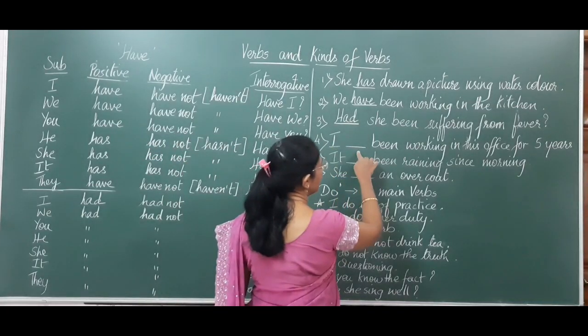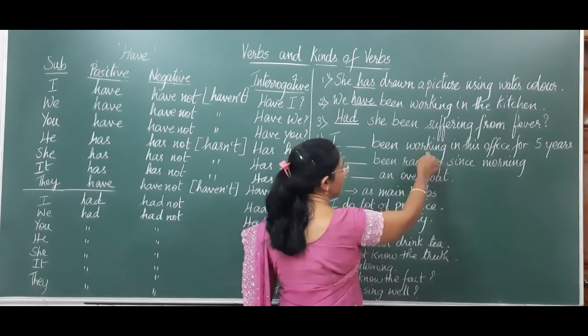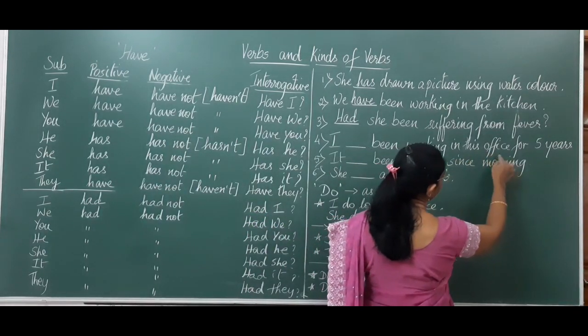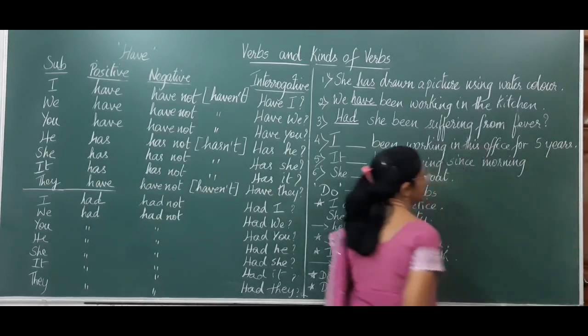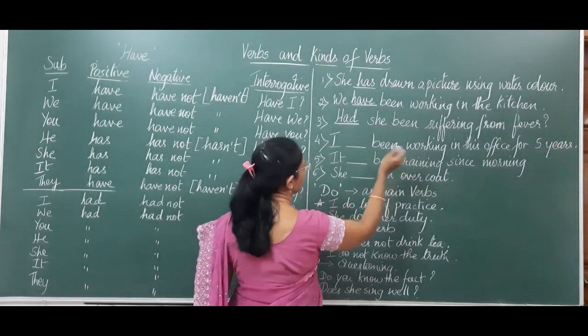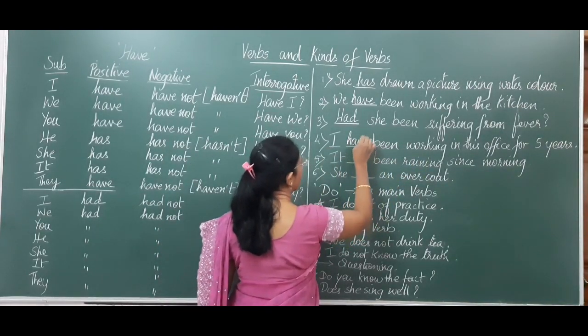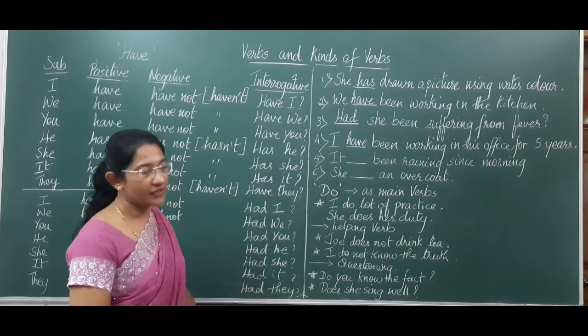Next, I dash been working, again in present tense form, but in the office for 5 years. 5 years denotes past tense. So I have been working in the office for 5 years.